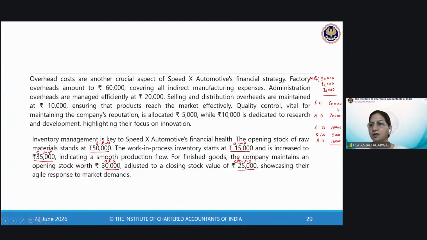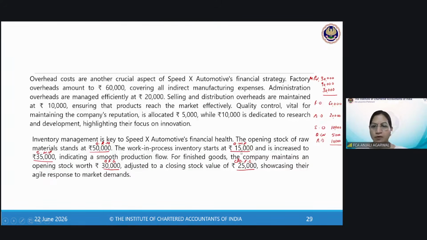Overhead costs are 60,000 factory overheads. Administration is 20. Selling and distribution is 10,000, ensuring that the product reaches effectively. Quality control is 5,000 and R&D is 10,000. Inventory management is the health. Opening stock of raw material is 50,000.